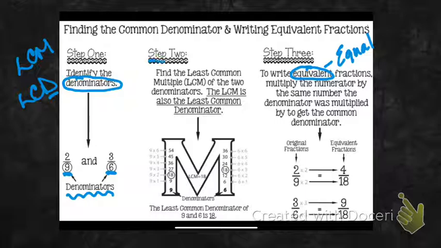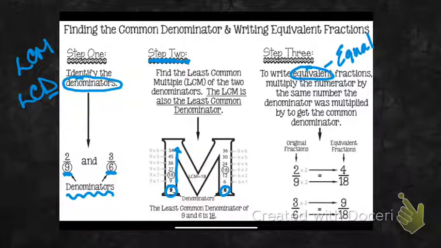Step 2 is using the least common multiple to figure out what that LCD, or least common denominator, is. They have it set up with this letter M, and they list multiples that way. It's a cute little thing, but the way we were doing it yesterday with just listing works perfectly fine. Here's the denominator 9, and up here they list all of the multiples for 9.